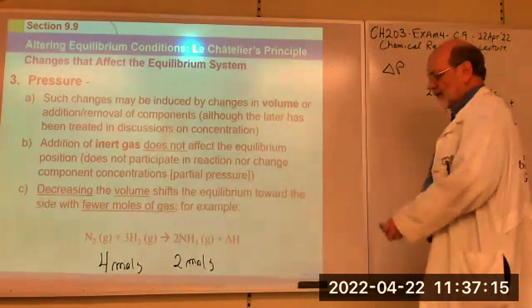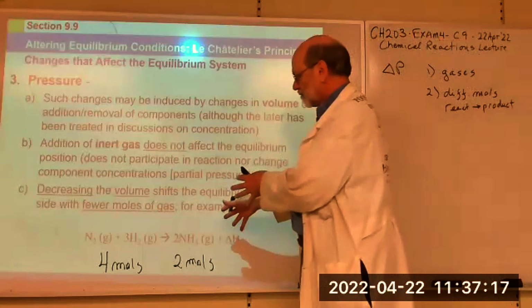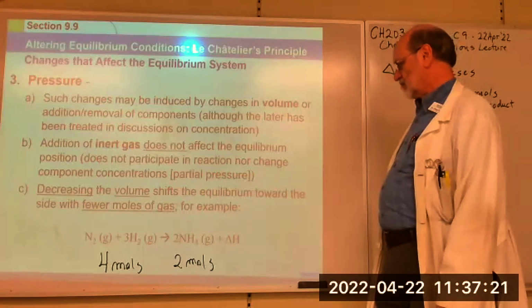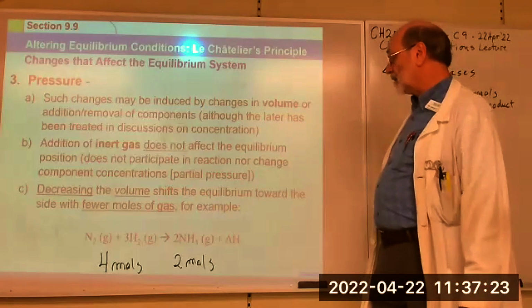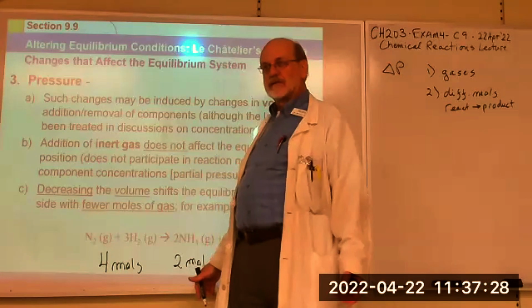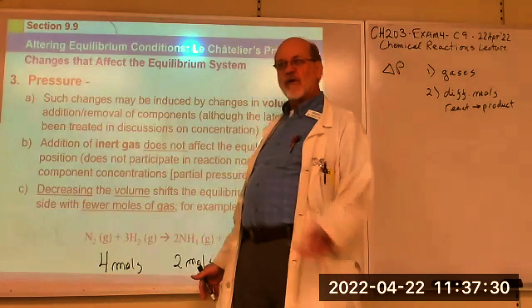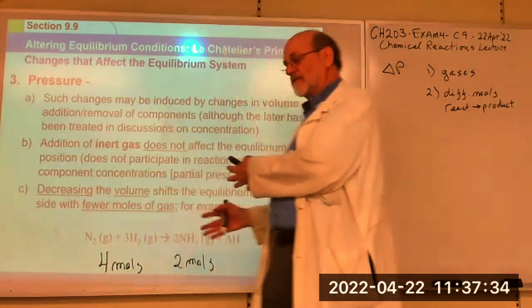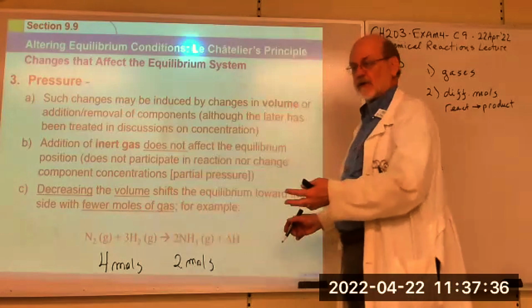Okay, so if this is at equilibrium, how would you change the pressure? Well, one way, you could add one of these other gases, and that would increase the pressure. But we've already covered that topic, where you add reactants or add products. So we don't need to talk about that one.